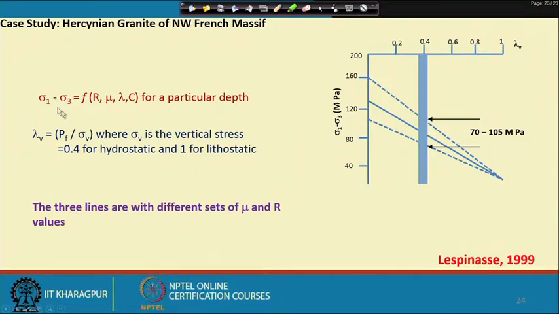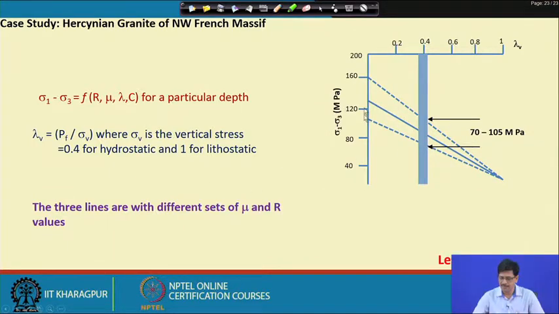Now under this condition, this diagram shows a plot of sigma 1 minus sigma 3 versus lambda v. Here, if we consider the value of hydrostatic pressure and take the value of lambda v as 0.4, then these extreme lines represent the lines constructed by taking different sets of values for the friction and the values of R, that is the stress ratio.